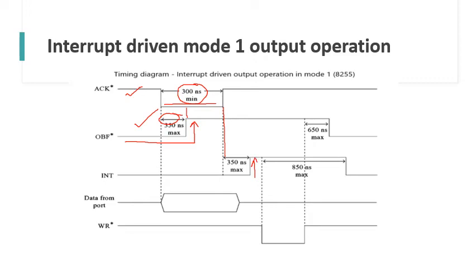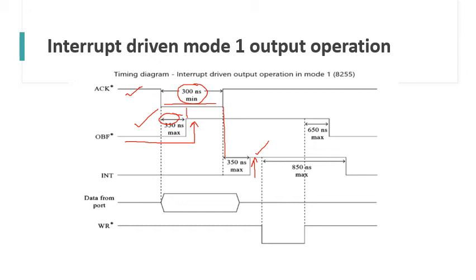By doing this, the 8255 interrupts the microprocessor and tells it that the data at the output buffer has been read and you need to write new data into it before the output device needs new data. So after getting this interrupt signal from 8255, the microprocessor will take proper action and write data on the output buffer. The data will be stored in the output buffer.